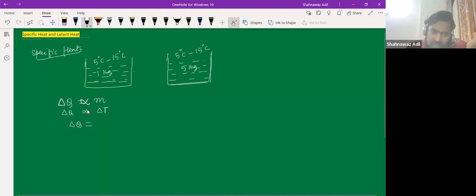So if I remove the proportionality, that would be m c delta T, right? So this is called the specific heat.